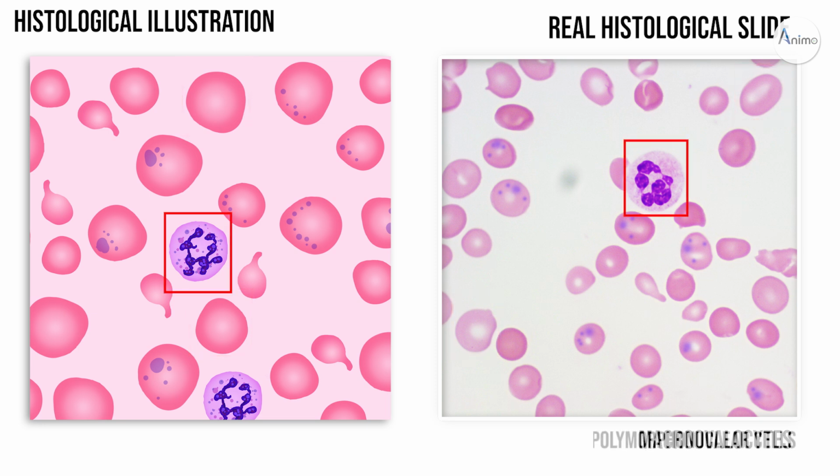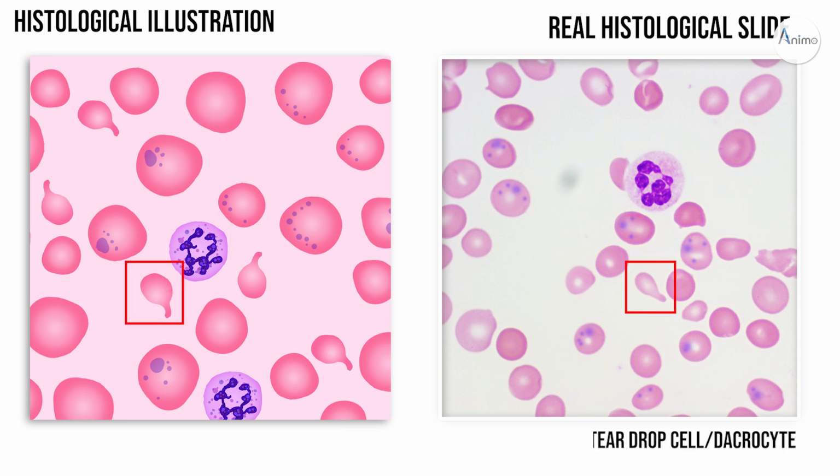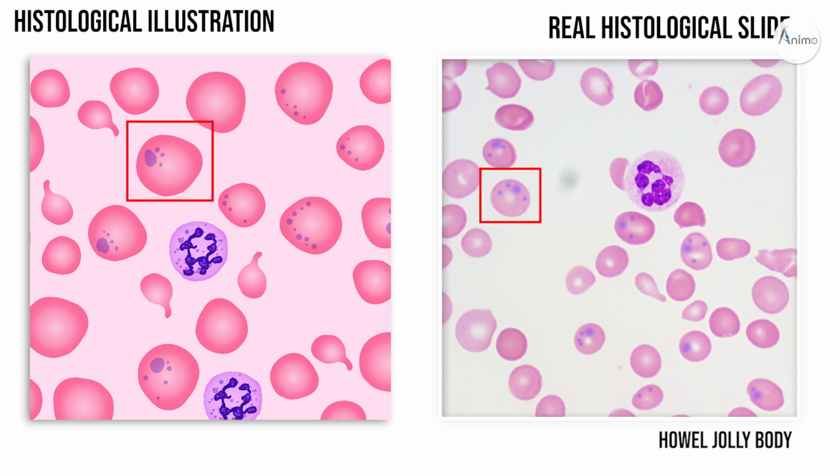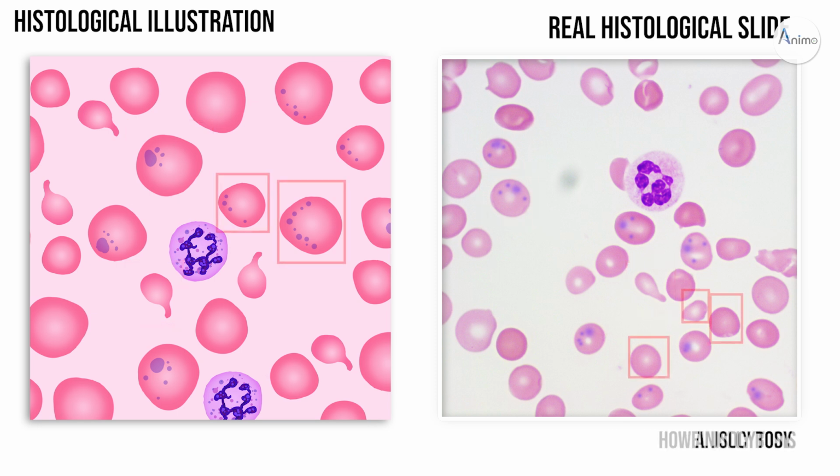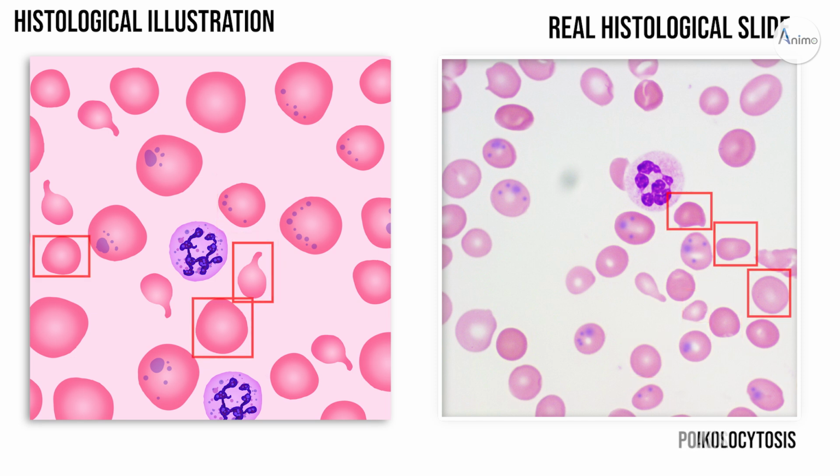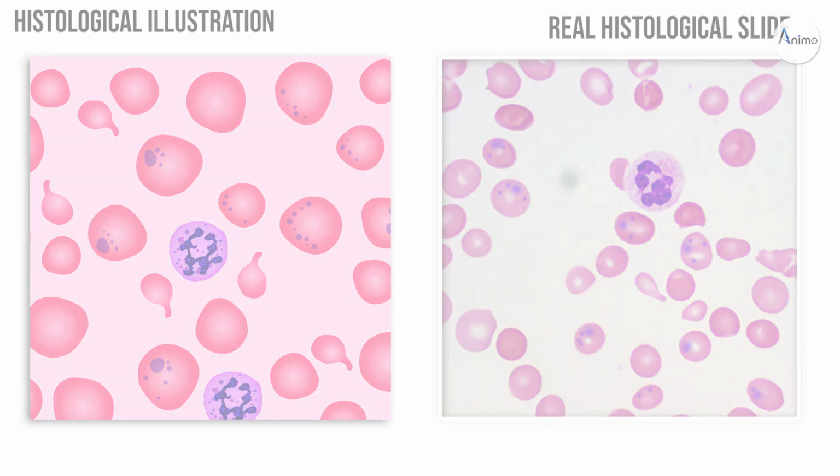Here you see the polymorphonuclear or hypersegmented neutrophils. Here is the teardrop cell or dacrocyte. There is no reticulocyte in this slide. Here you see Howell-Jolly body formations, and here changes in size or anisocytosis, and here changes in shape or poikilocytosis.